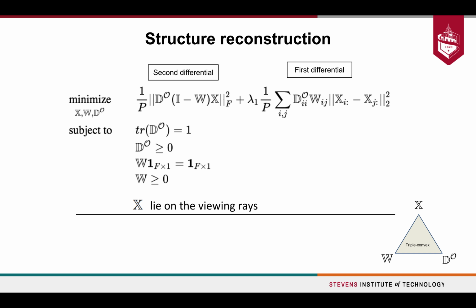So finally, our cost function is a triple convex function for X, W and D. So we use alternating convex search to optimize it. It's like, each time we fix two of the variables and optimize the other one.